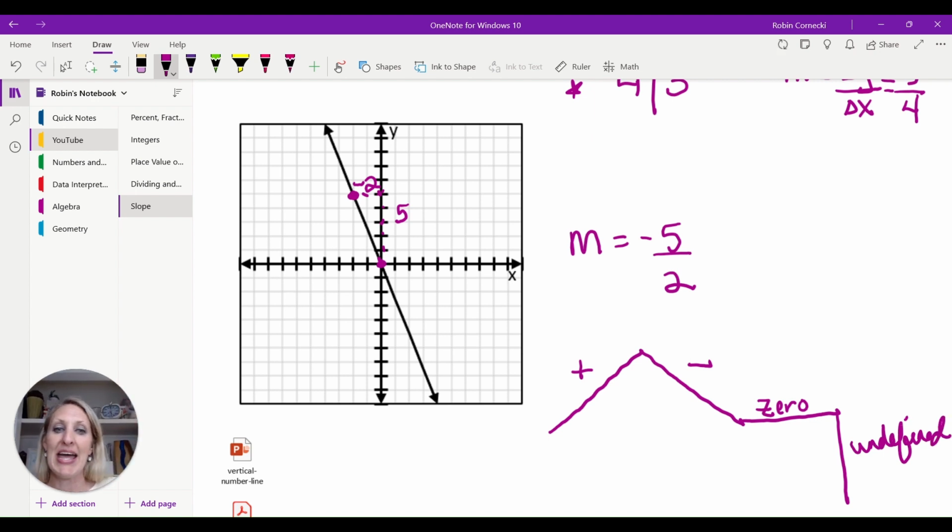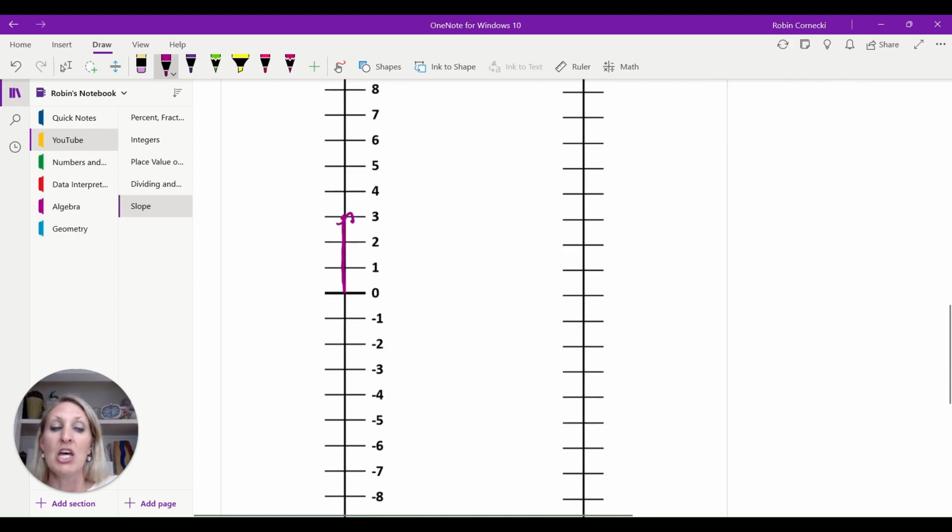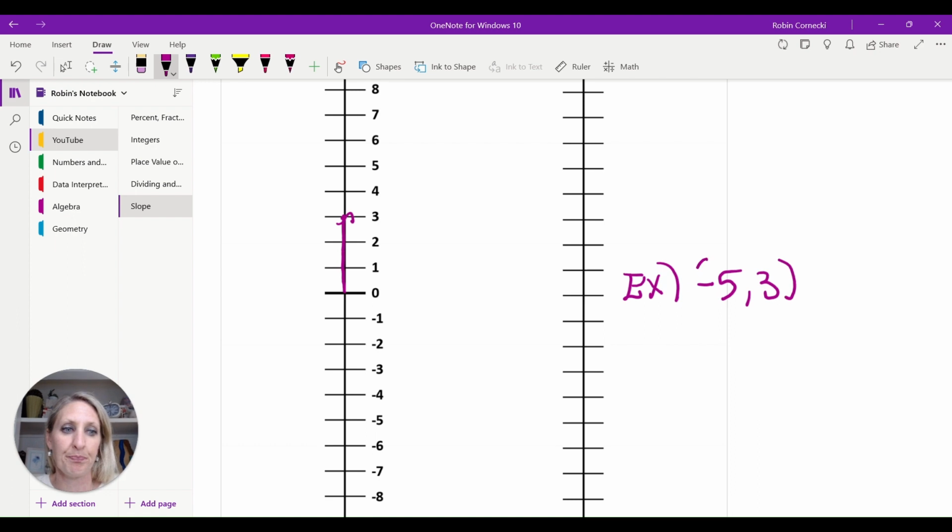Let's look at two ordered pairs as examples. Let's say I have (-5, 3) and (4, -2). I have those as two ordered pairs without having to graph them.